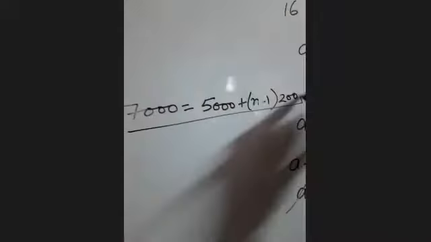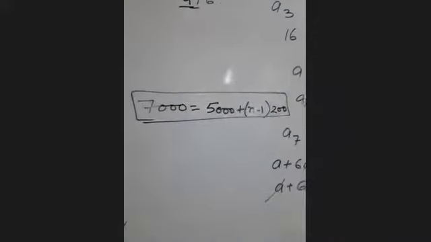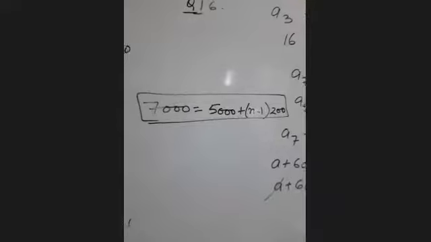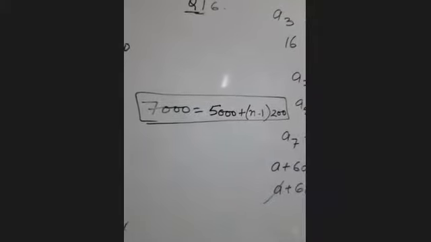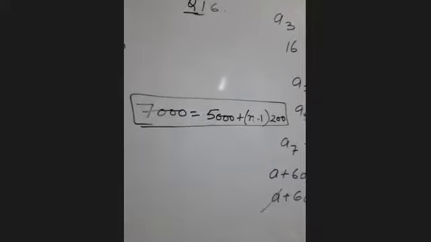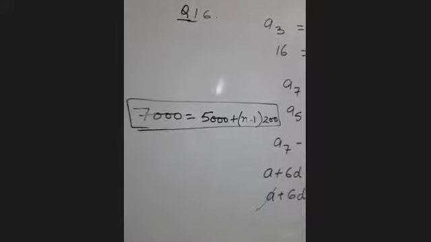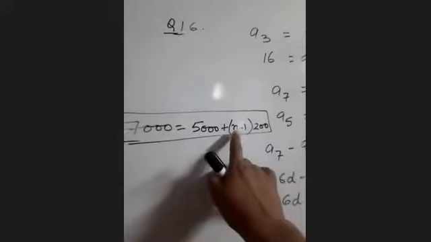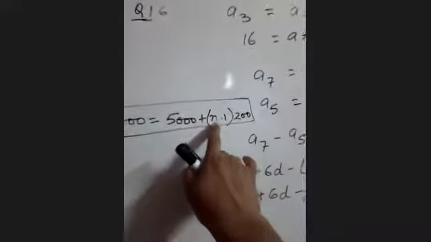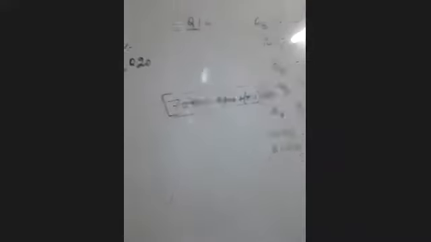You can put the values in this form, and then do the calculations for question number 19. Got it? Yes, sir. You need to find out the term n. Next, question number 20.